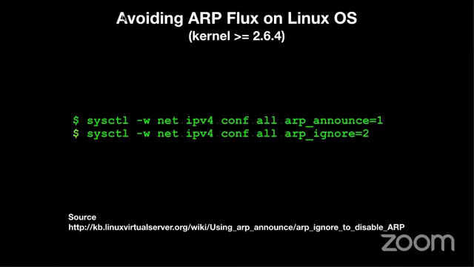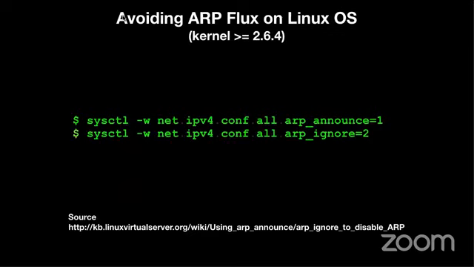If you want to do this, there are two simple kernel parameters that you can change with sysctl, and here is the command you can type on your Linux operating system to avoid the ARP Flux behavior. If you push these two commands, you will get the correct behavior where eth0 will only reply to ARP requests associated to its own IP address, and the same for eth1.